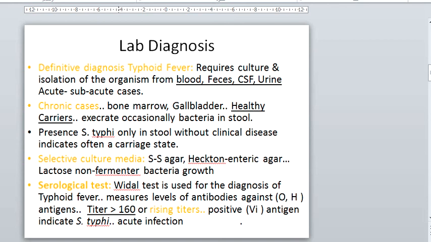Selective culture media include Salmonella Shigella agar and Hektoen enteric agar, according to lactose non-fermenting agar.